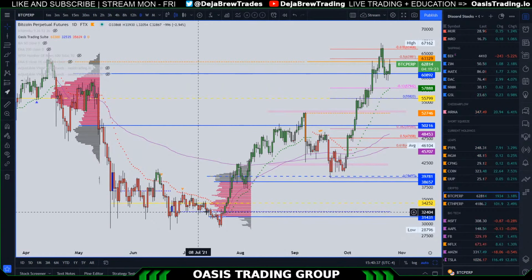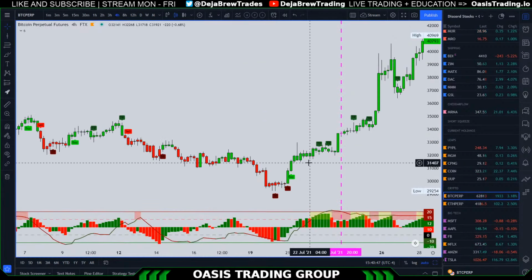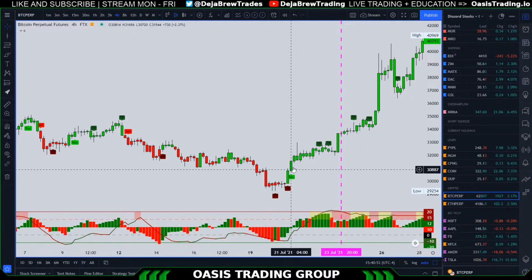That daily pivot is creating a massive support. And what level is that? That level is 32.5. So when is that buy signal? That buy signal is 31.5. So that buy signal is a little early.